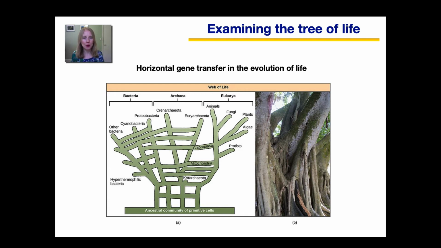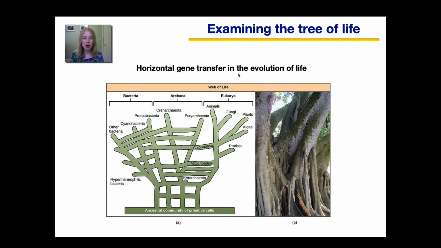So what we now know, as this simple diagram shows, this is highly simplified, is that throughout the history of life, there were numerous instances of what we refer to as horizontal gene transfer.